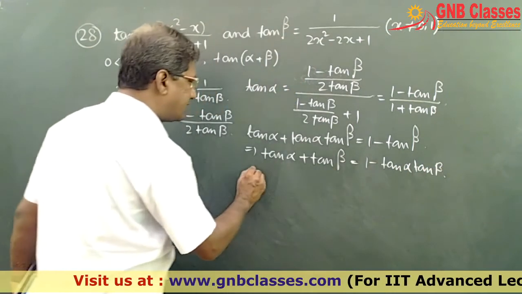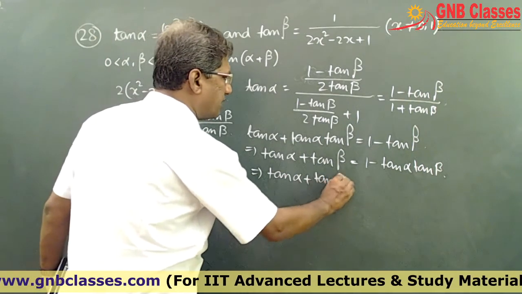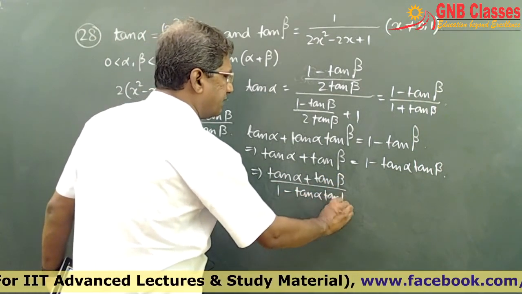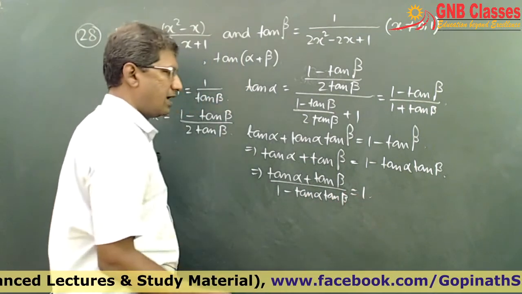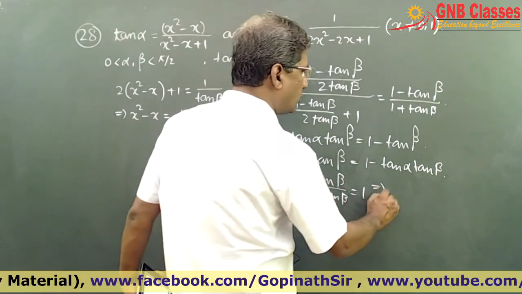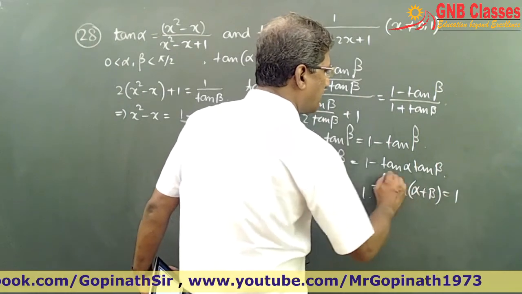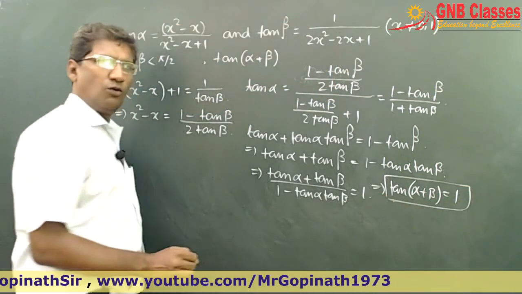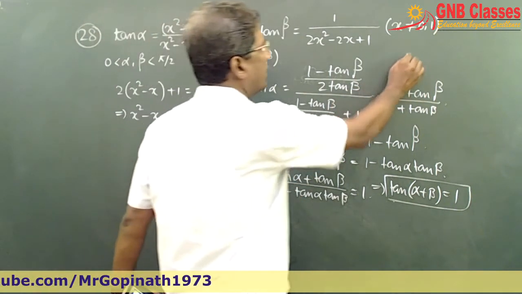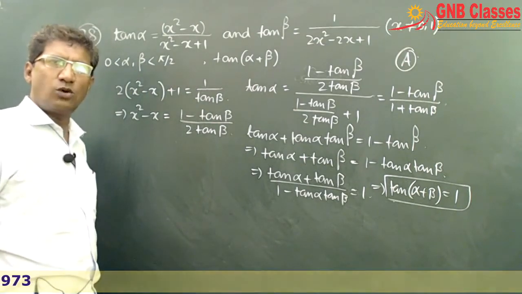Now if I divide it, we are getting tan alpha plus tan beta divided by 1 minus tan alpha tan beta, which is equals to 1. Now tan alpha plus tan beta divided by 1 minus tan alpha tan beta is nothing but your tan alpha plus beta. So tan alpha plus beta is nothing but 1. Therefore, our option A is correct for question number 28. Is it clear to all of you?